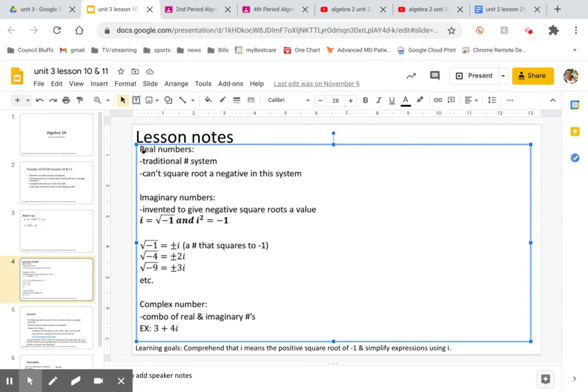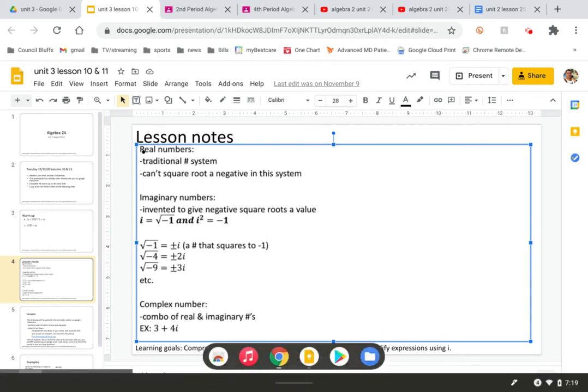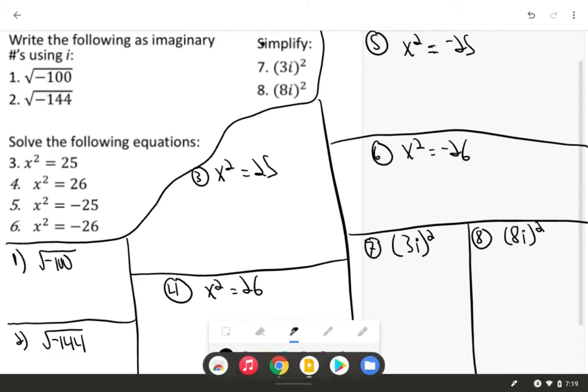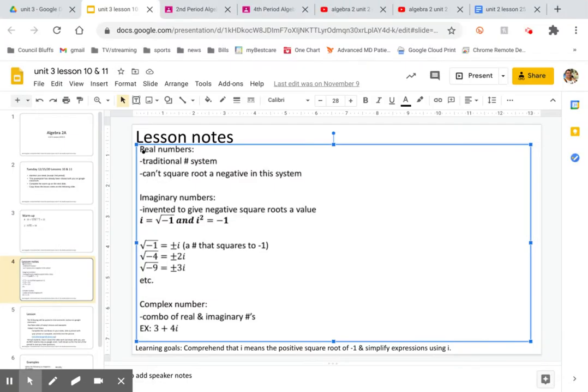So let's take a look at the examples, just to see some of the stuff that we'll be doing today with imaginary numbers. Let's take a look at number 1. Write the following as imaginary numbers using i. Number 1, the square root of negative 100. Because we know about imaginary numbers now, we can treat negative square roots as if they were positive square roots, except we tack on an i at the end.